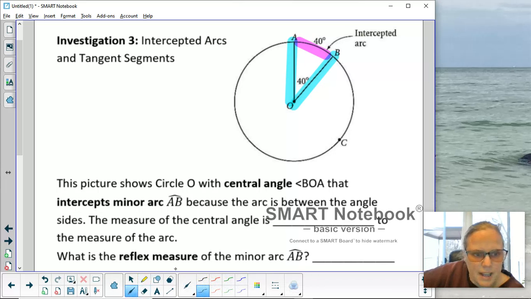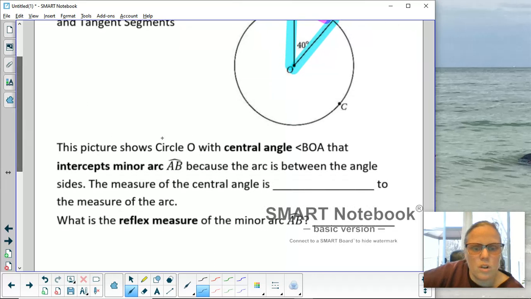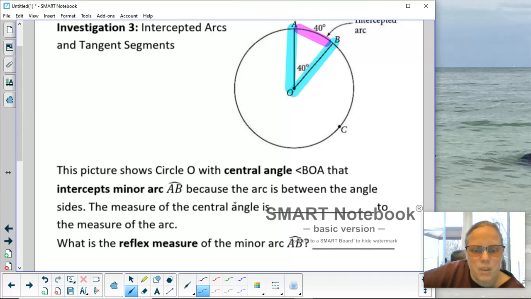If you look at the size of the central angle and the intercepted arc, you can see that they're the exact same size. So down here it says, this picture shows circle O with central angle BOA that intercepts the minor arc AB because the arc is between the angle sides, or between the Pac-Man mouth.